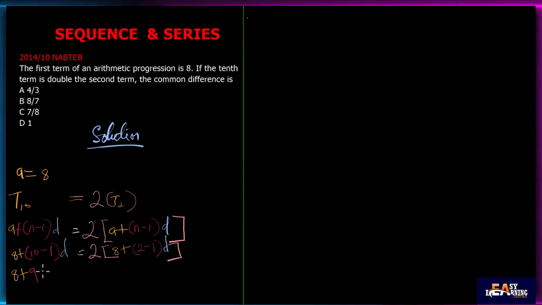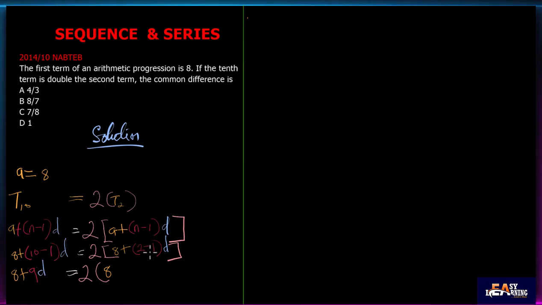All right, and everything here equals this other right hand side, and let's have our 2 multiplying everything in this bracket, and that will give us 8 here. All right, so 2 minus 1 is 1 times d is d, so you can say here plus d.